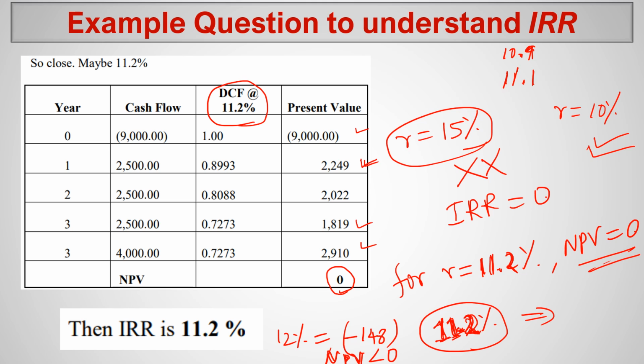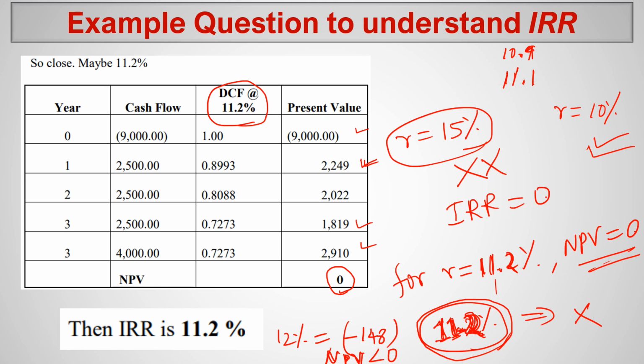For these kinds of situations, when we are not very sure about the discount rate, the IRR method is more suitable. We find the IRR, which is 11.2 percent, and then we analyze whether my currency value is going to lose more than this amount. If it is going to lose more than 11.2 percent, I will not accept the project.